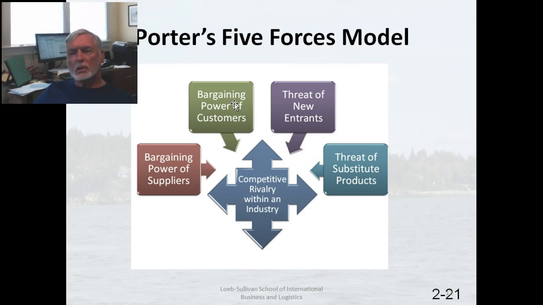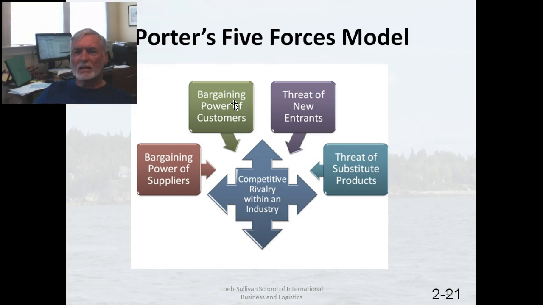Threat of substitutes. Are there lots of other products like this market's products that people may move to? Well, I can go to the movies for entertainment, or I can go to a live theater for entertainment, or I can stay home and watch television for entertainment. Those are substitute products. They're not direct competitors, but they're all providing entertainment.